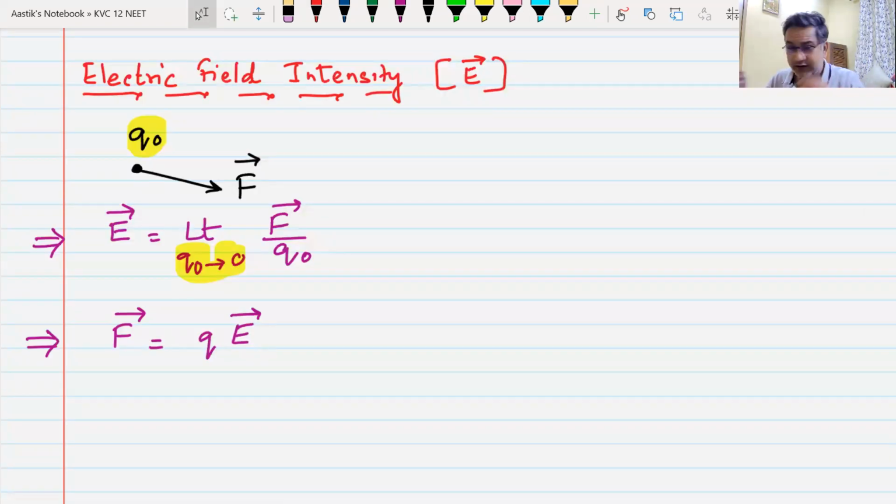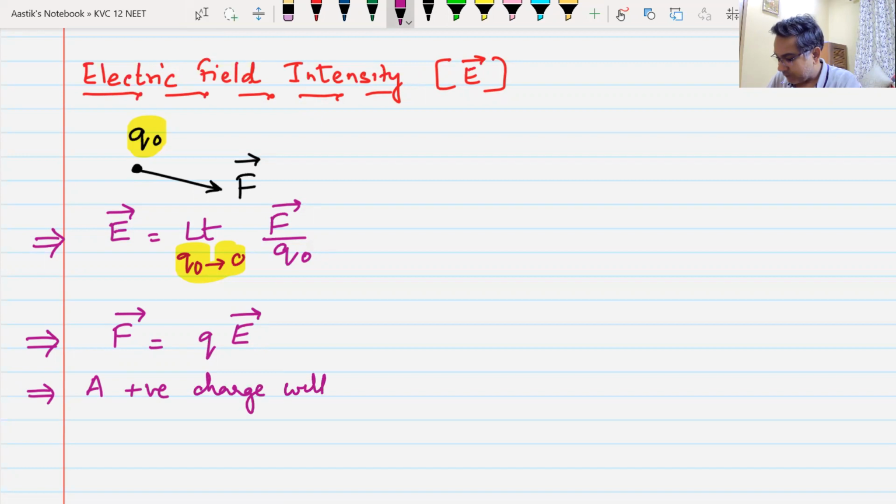But before moving ahead, let us write some more points about this electrostatic field. A positive charge will always experience force in the same direction as the field.